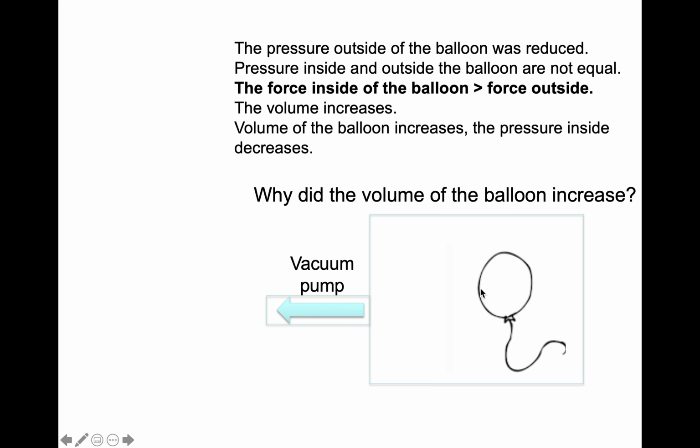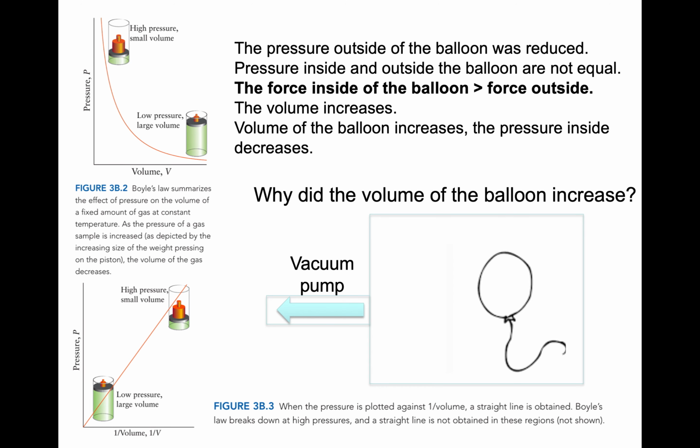The force inside the balloon was greater than the force outside, and this led to the volume increasing. The volume of the balloon increases, and the pressure inside therefore decreased. If we think of those relationships, when the pressure goes up, the volume goes down, or vice versa. A linear relationship would be between the pressure and 1 over the volume.